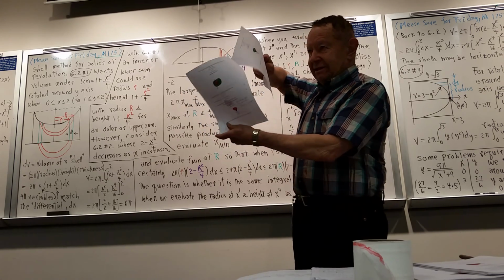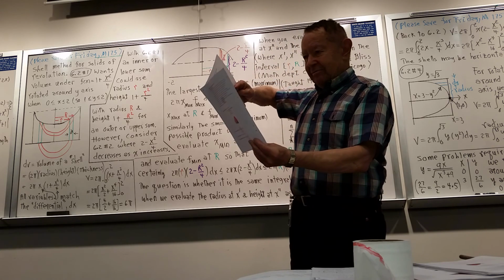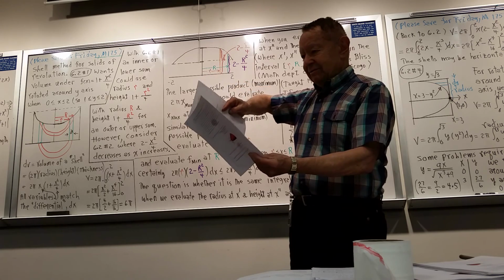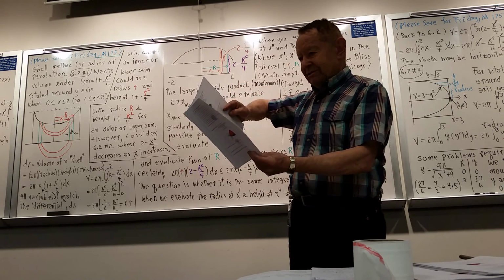As you see, it says up above the picture on the back of the sheet of paper, the volume of revolution around the horizontal axis between square root x and square root 2.